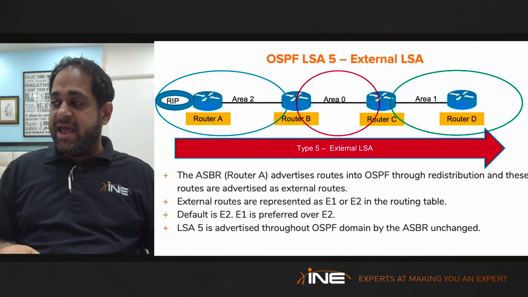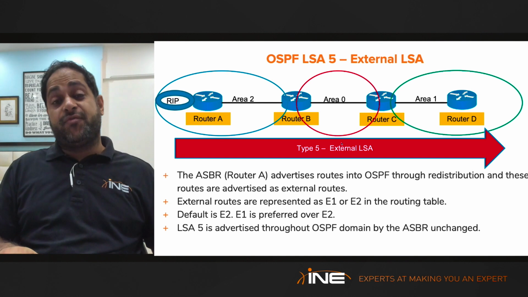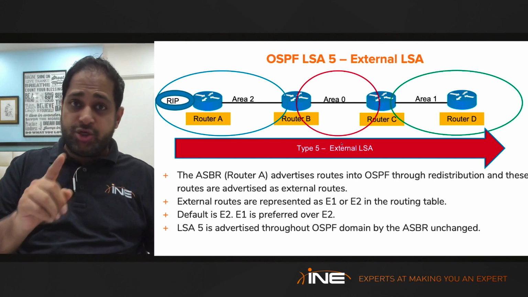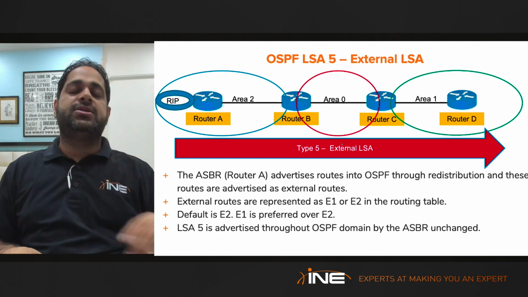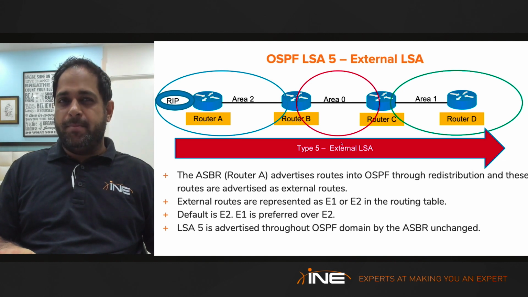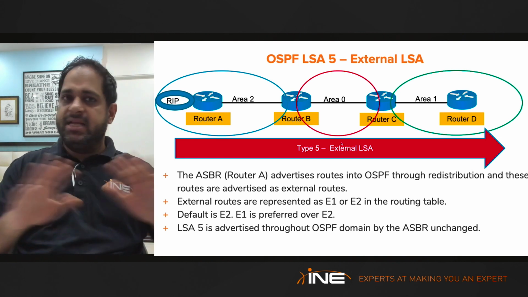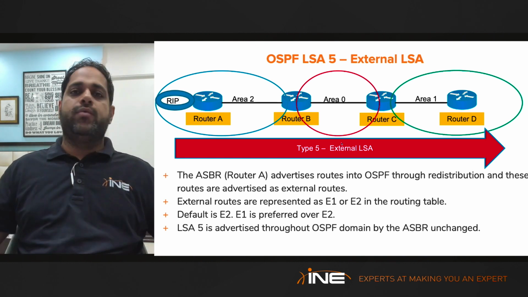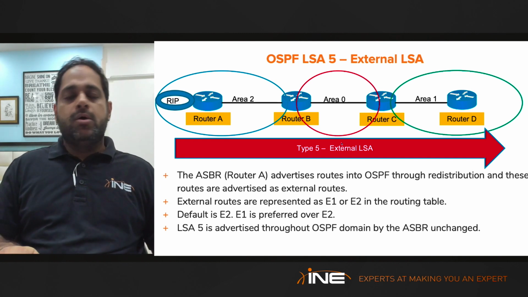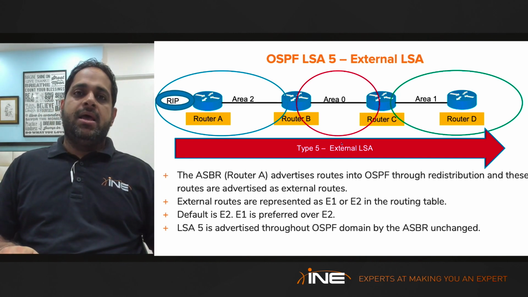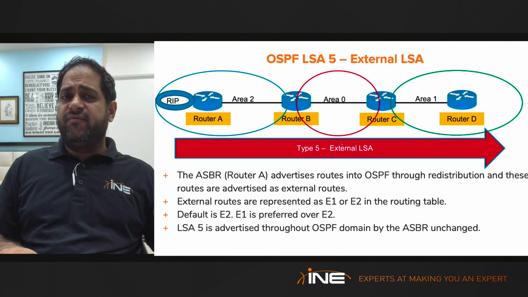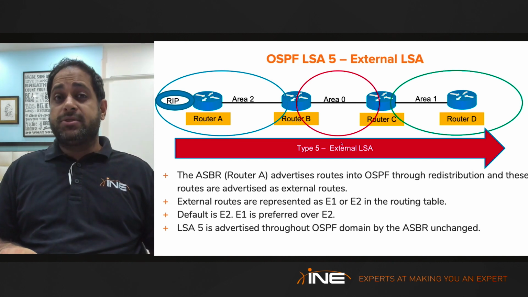So here I have LSA 5. This comes from the ASBR and that does not change. It goes unchanged throughout the OSPF domain. The ASBR advertises that throughout the OSPF domain and it does not change at the border. Every router in every area would see router A as the advertising router for those RIP routes.